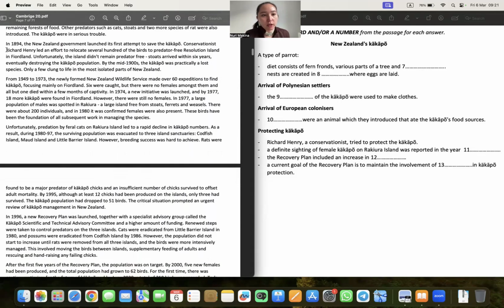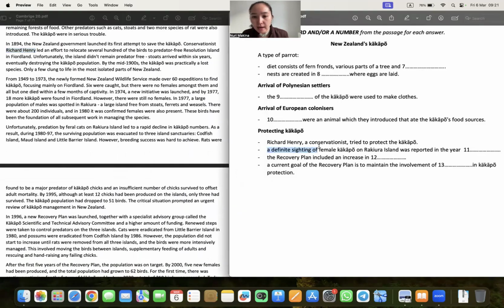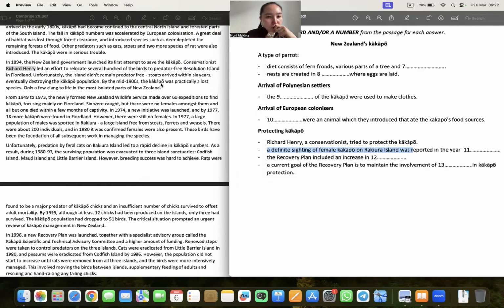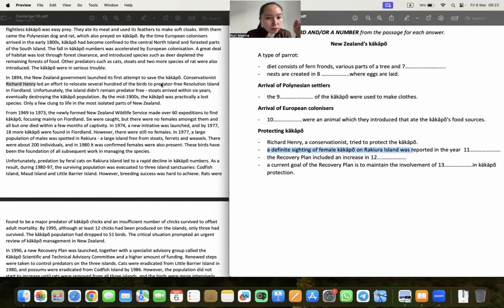Oh yeah, over here on top of it. Richard Henry is hidden over there, and let's find out now. A definite sighting of female kākāpō on Rakiura Island was reported in the year blank.